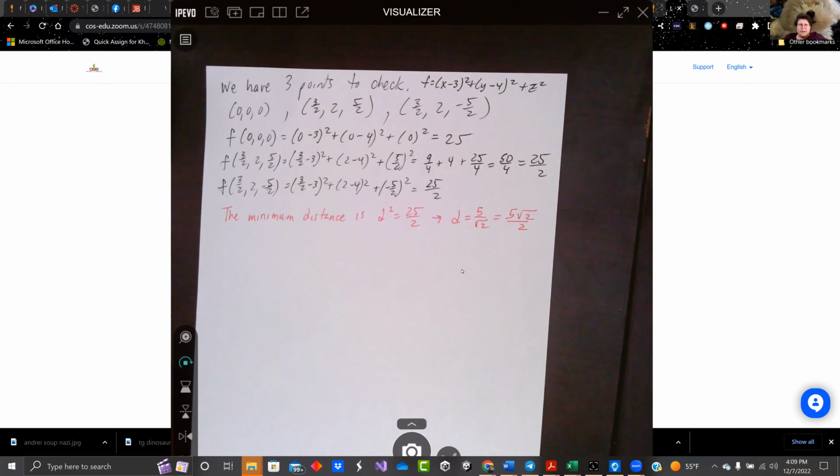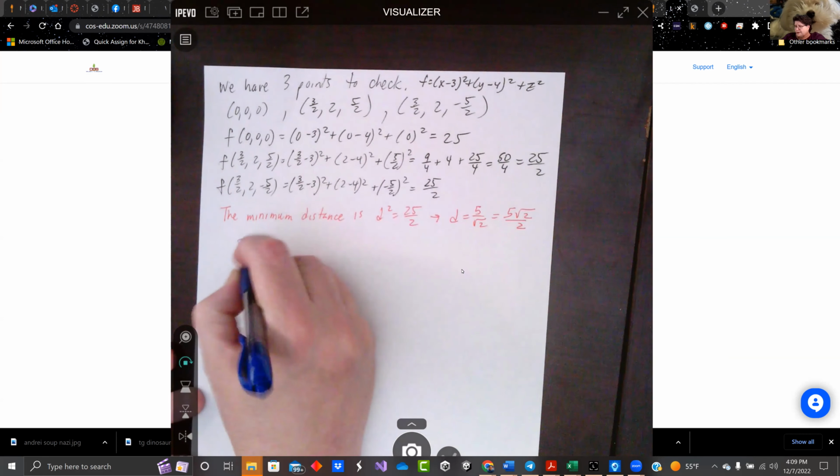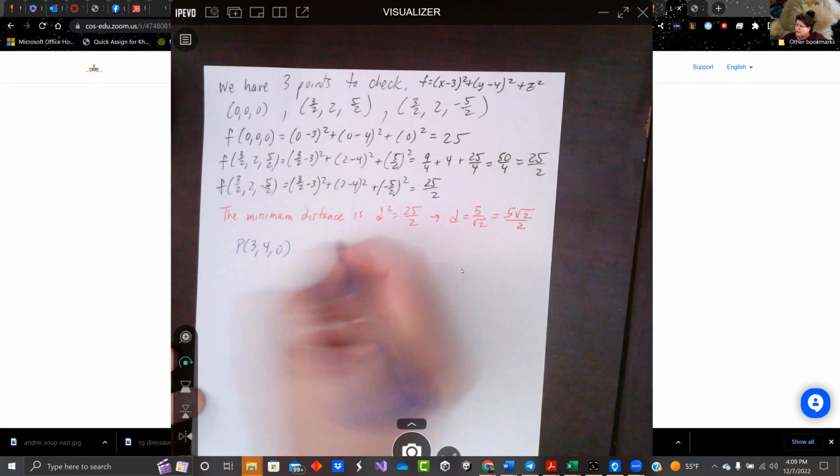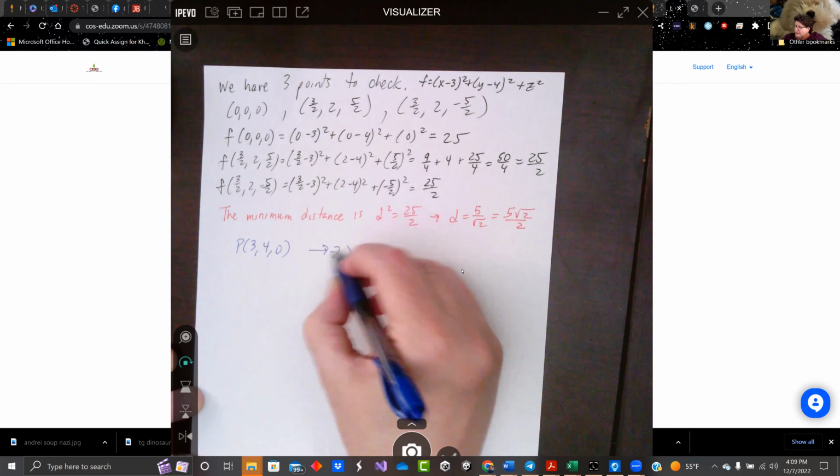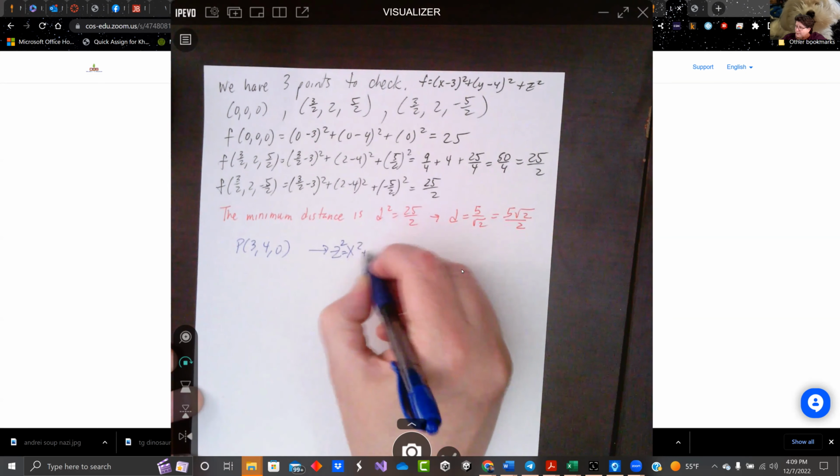And we're looking for the minimum distance, the shortest distance from the point (3, 4, 0) to the cone z squared equals x squared plus y squared.